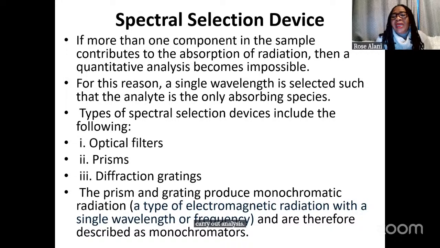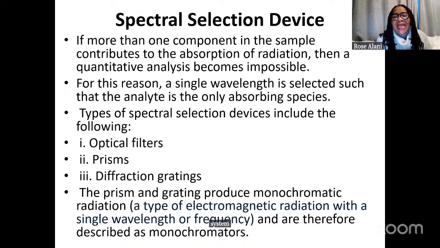So a particular single wavelength has to be selected such that the analyte is the only absorbing species. This is the reason for the spectral selection device in that system.